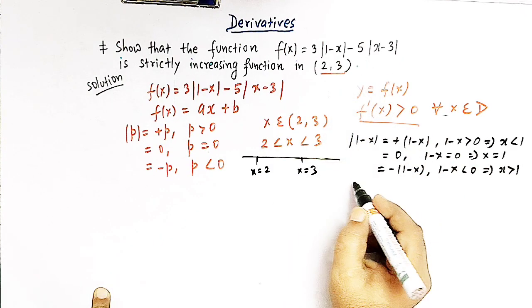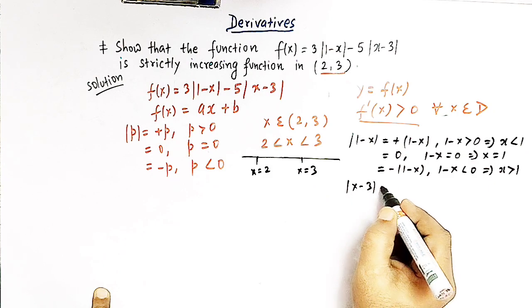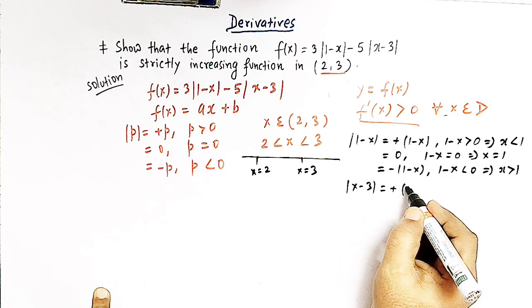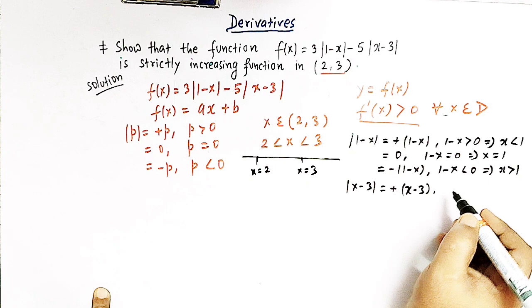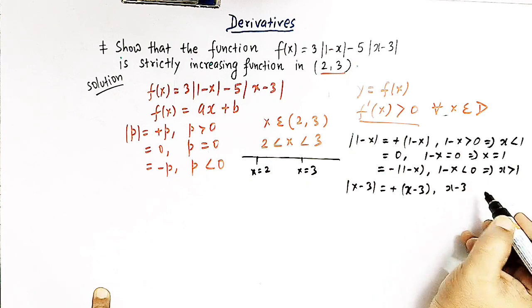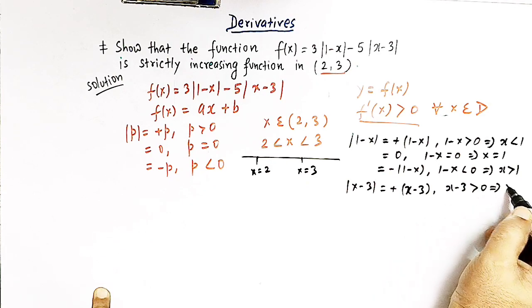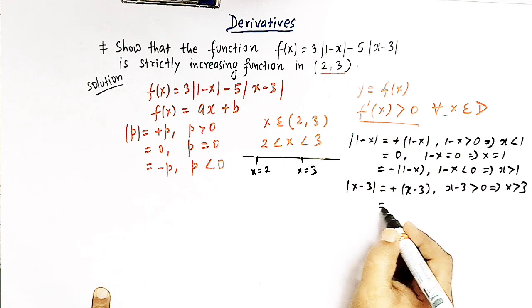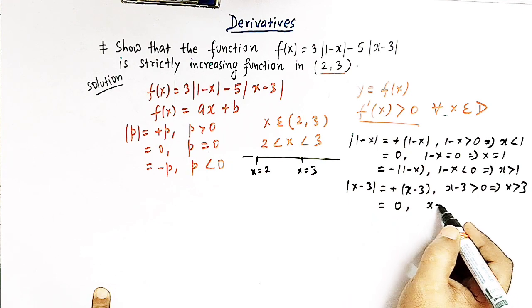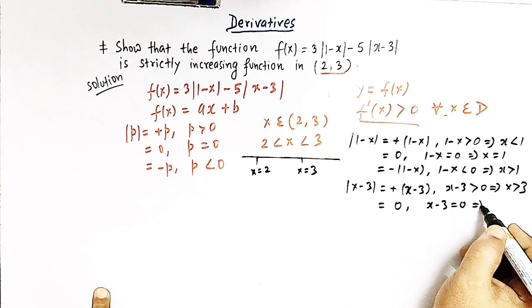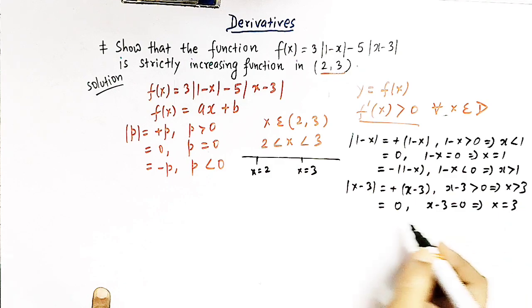And mod of x minus 3 can be written as positive (x minus 3) whenever x minus 3 is greater than 0, that is x is greater than 3. And this is 0 when x minus 3 is equal to 0, that is x is equal to 3.